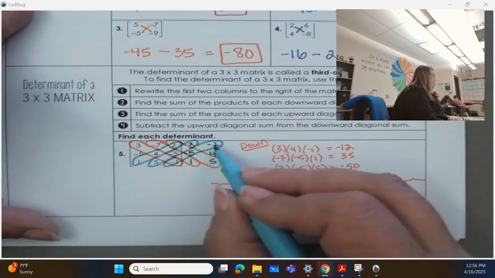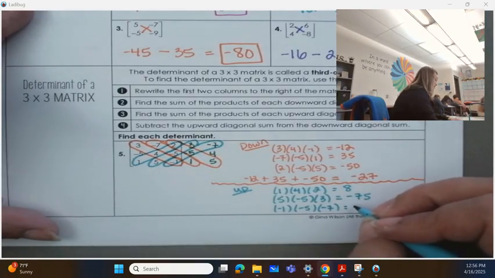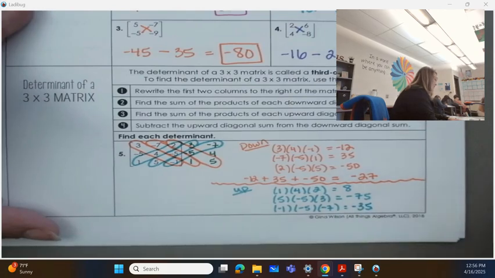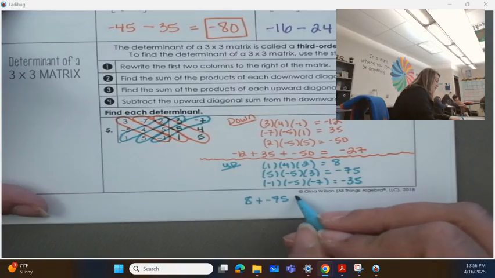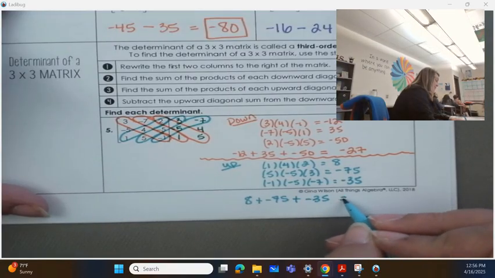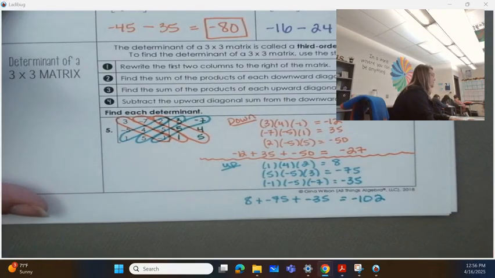My third upward diagonal. Those numbers multiplied together is -35. I'm going to add them up. So 8 plus -75 plus -35. That gives me -102.